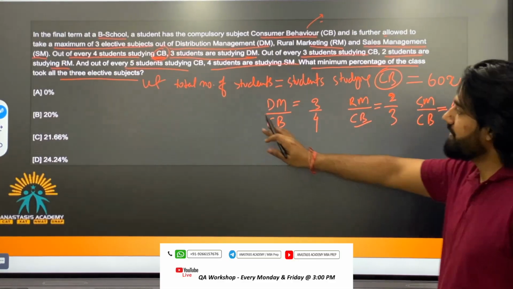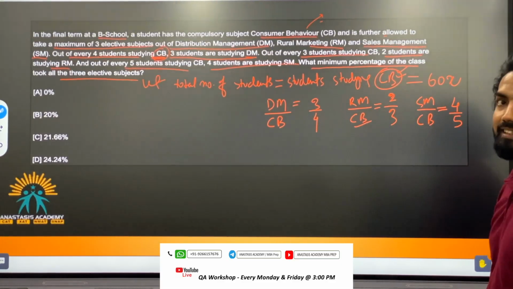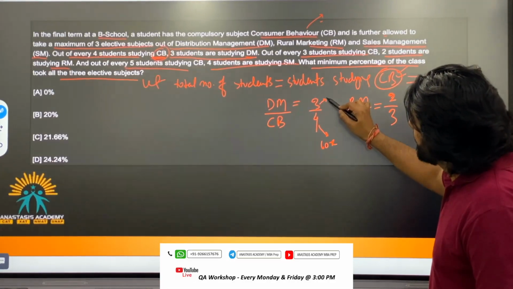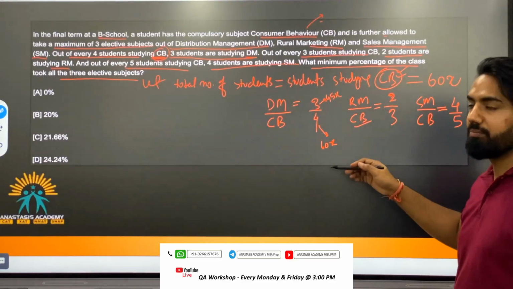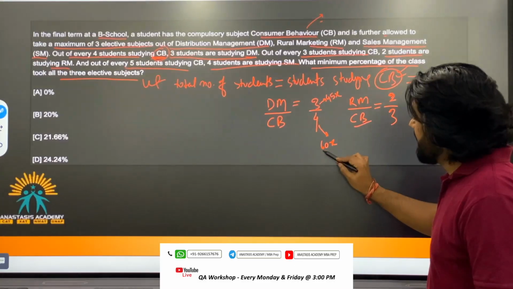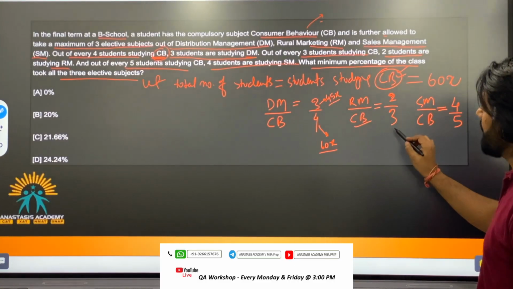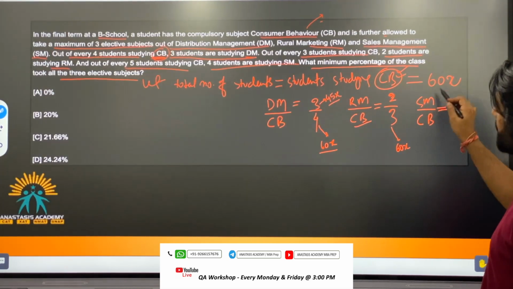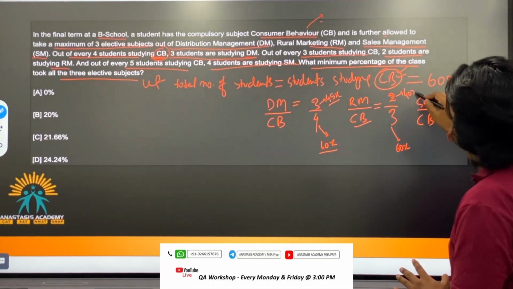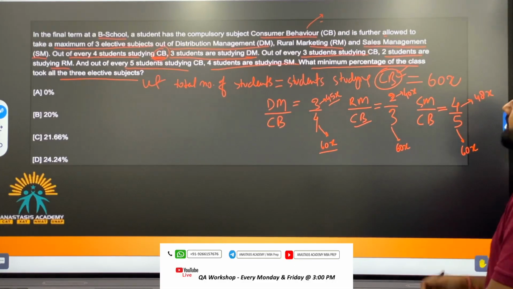Now I've assumed the total number of students who study the subject CV as 60x. If this 4 is 60x, then this 3 would be 45x, so that the ratio becomes 3/4. Now if this 3 is 60x, because total students are 60x, this 2 part would be 40x. And if this 5 is 60x, the 4 would be 48x.